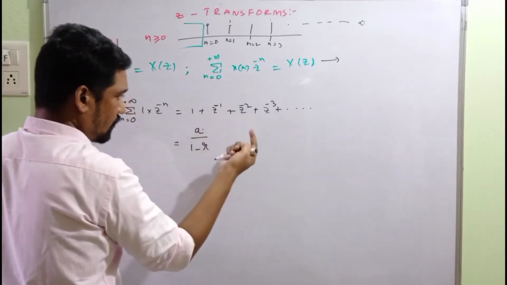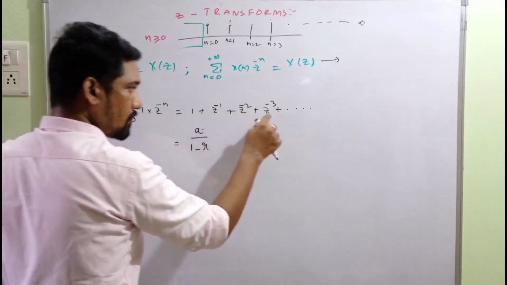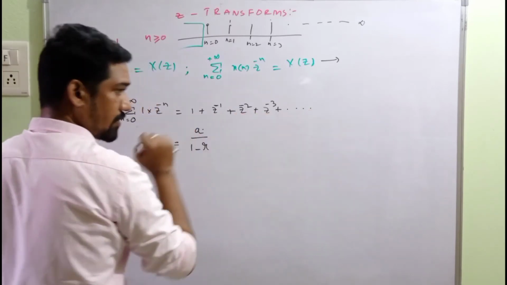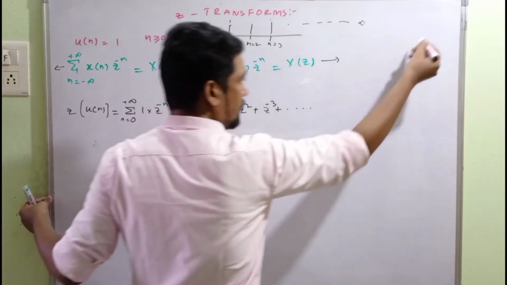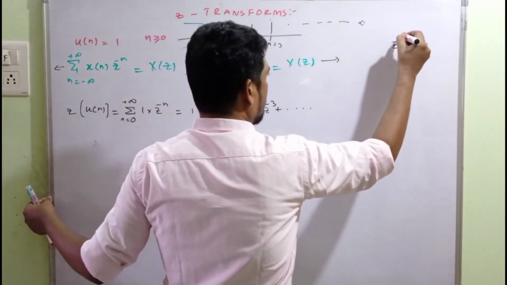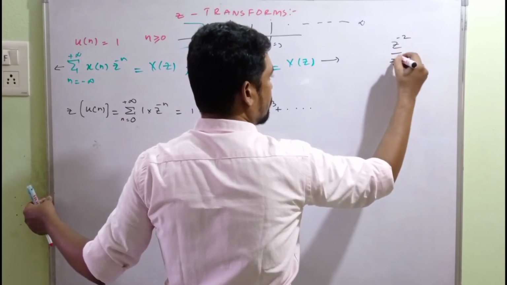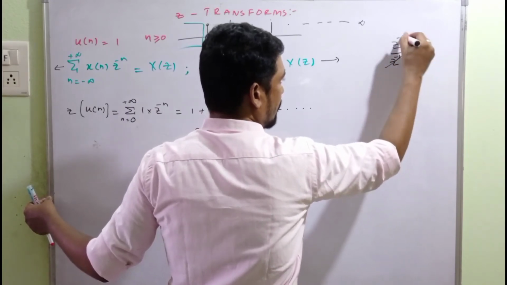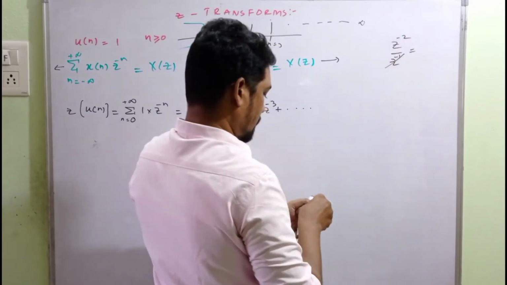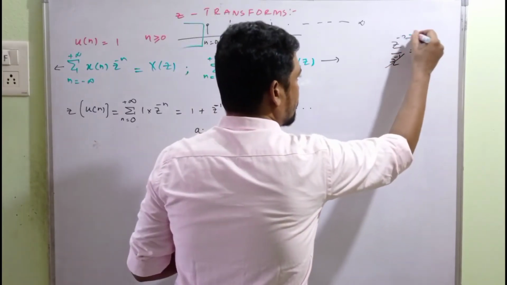This by this gives the ratio, this by this gives the ratio. In that case, it is z raised to minus 2 by z raised to minus 1. The z raised to minus 1 gets cancelled, and this will be z raised to minus 1.